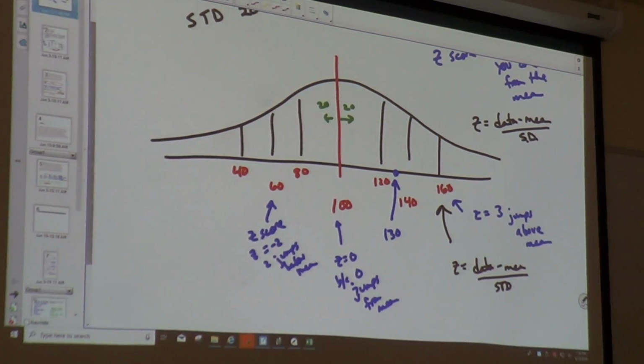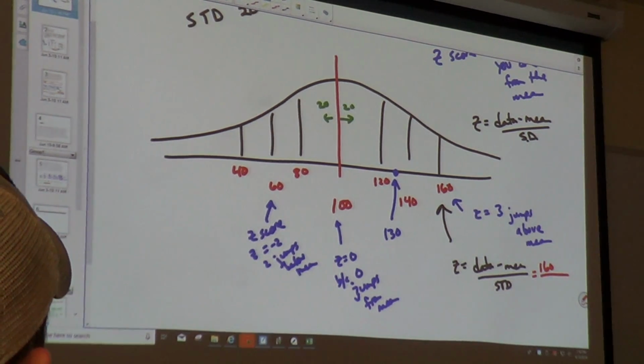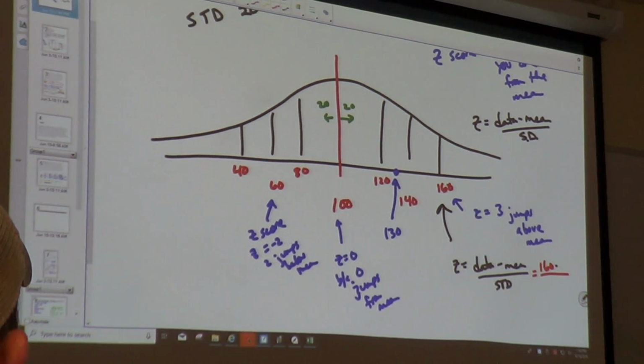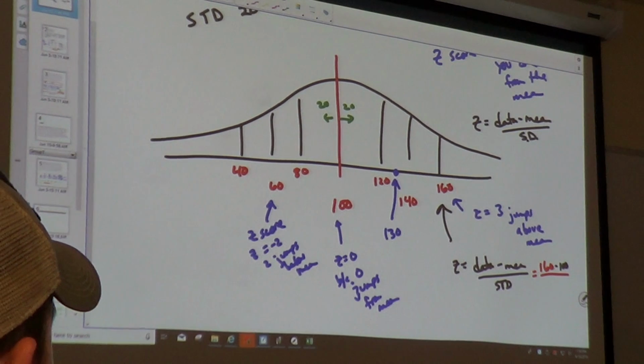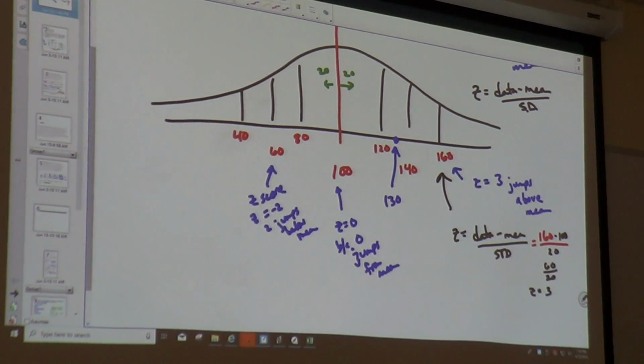My data point in that case is going to be 160. What is my mean? 100. And what is my standard deviation? 20, which would be 60 over 20, which would give you a z-score of 3, telling you that it's 3 jumps away. So for this one, 130, if I do data minus mean over standard deviation, what is my data point?